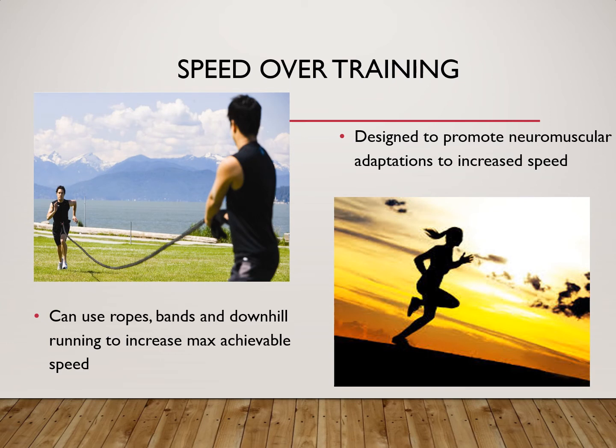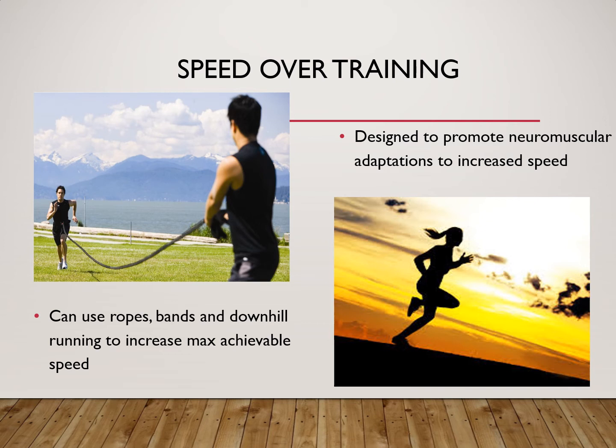And now when we're thinking about actually trying to increase speed, there's a number of methods that we can use. So one way is to use a technique called speed overtraining, and this would be where you might use ropes, large rubber bands, or even downhill running to increase the maximal speed that someone is able to achieve.